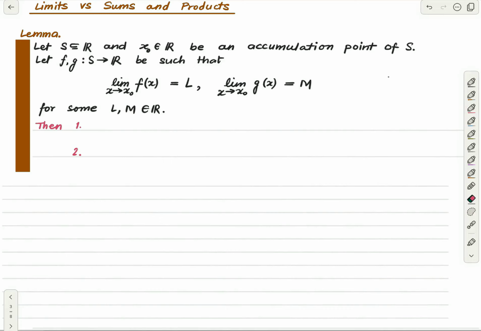Then the limit of the sum of f and g also exists as x approaches x0 and is equal to L plus m.